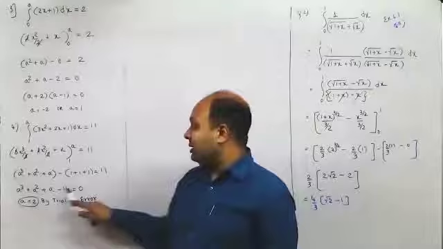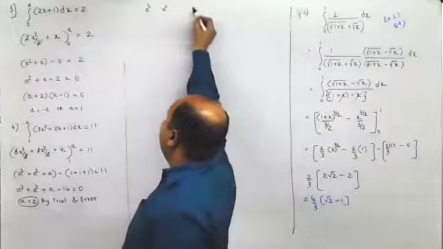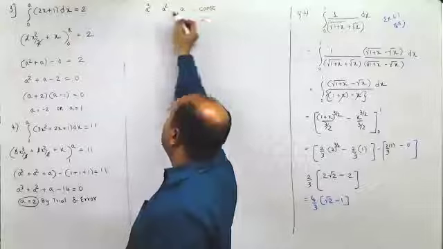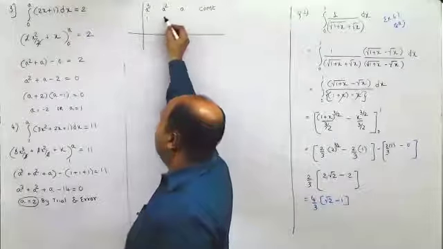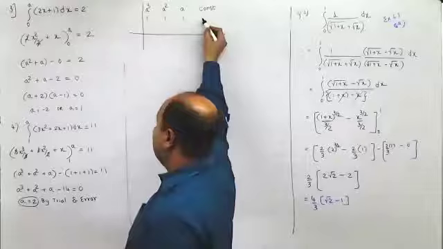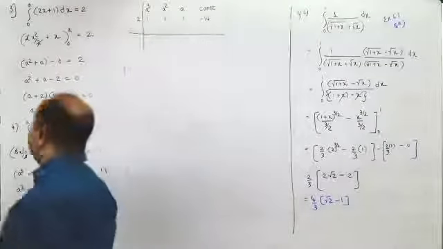This is cubic, so I'll write a cube, a square, a and constant in order. A cube, the coefficient is 1, a square, the coefficient is 1, a, the coefficient is 1, and this is minus 14. The first root is 2.